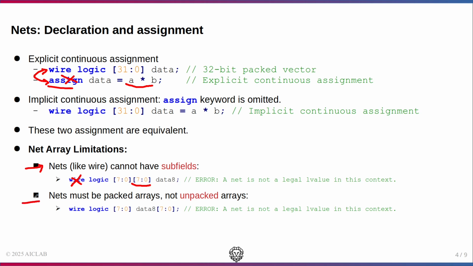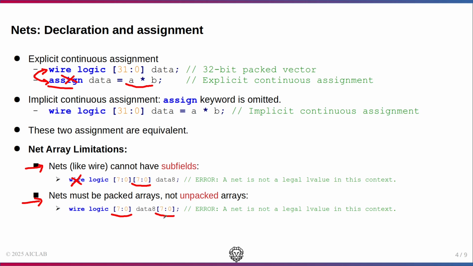The next net array limitation is that nets must be packed arrays. They can't be unpacked arrays. Consider this example. Here the first 7 down to 0 defines the number of bits, and the second one defines an array of 8 elements.